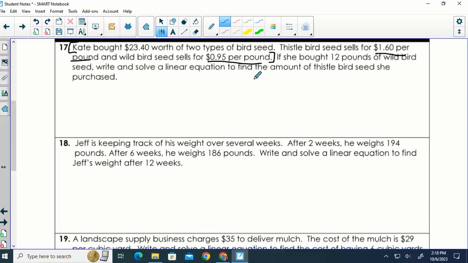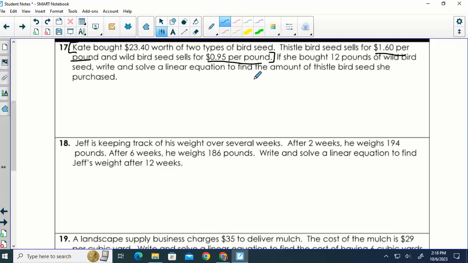No. So what kind is this? I didn't give necessarily full ordered pairs. I have the price of the thistle birdseed, but did I tell you how many pounds I bought of it? No, I gave you the rate for that. And the same thing for the wild birdseed. So I didn't give you just a single slope, and I didn't give you the full ordered pair for anything.